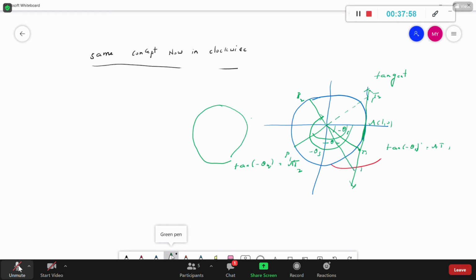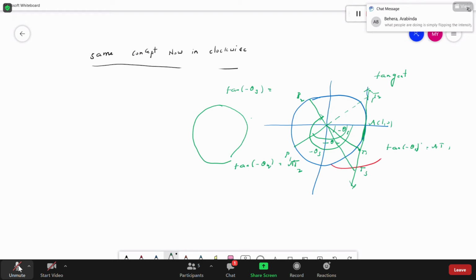Say this is your T3. So tan of minus theta 3 is equal to, Ria, what is the tan of minus theta 3? 83.